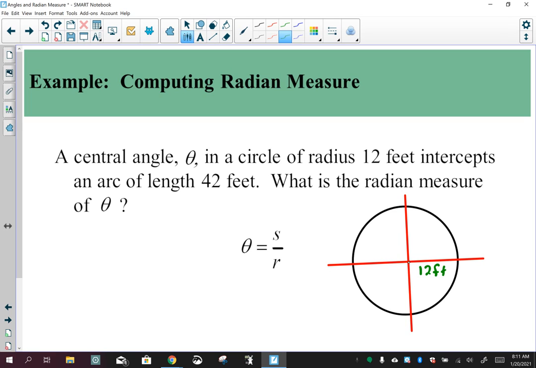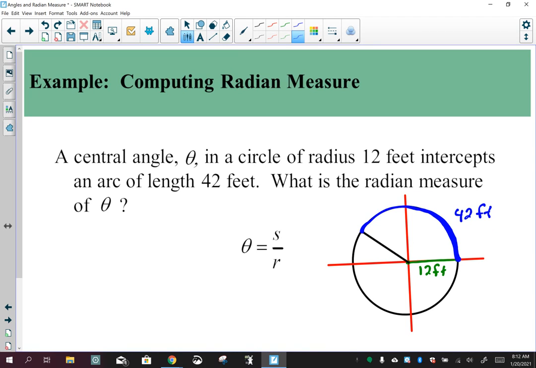So from here to there, this piece right here, that's going to be 12 feet. And then I have my terminal side, which is somewhere, let's just say over here. I have no idea where it's at. Let's just say it's over there somewhere. Okay. So now from here all the way back to over here, that piece right there, that's going to be 42 feet.